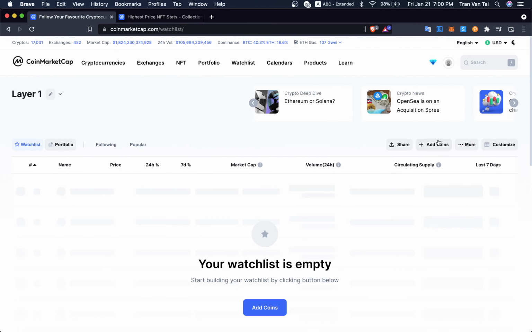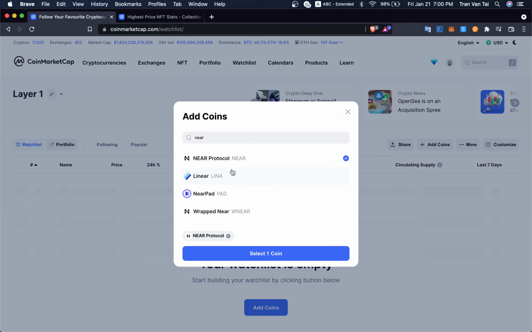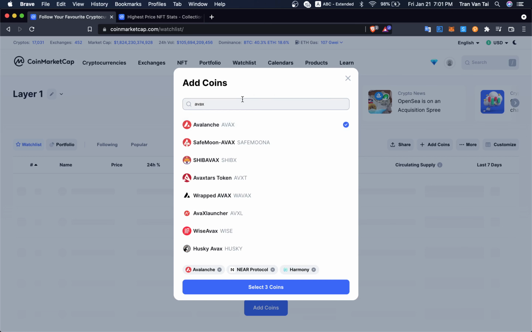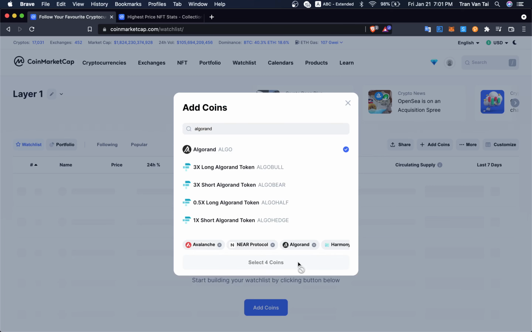and add coin. I want to add NEAR, second one, Harmony One, Hot, it will be Avalanche, AVAX, and Algorand here.